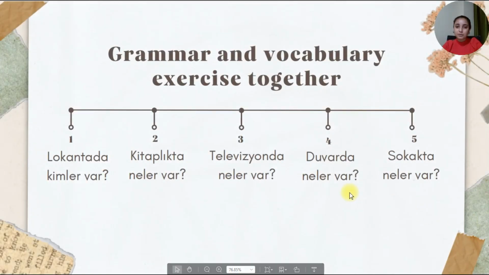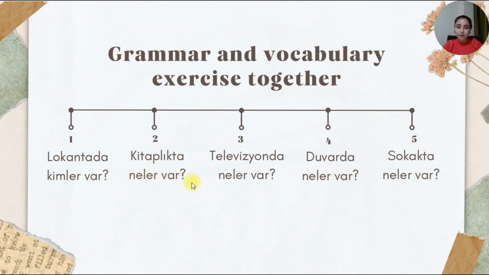Grammar and vocabulary exercise together. Now I want you to be careful and focus on what we are doing here. There are 5 sentences. They are questions and we will give the answer for all of them. And we will remember what we learned as vocabulary. Lokantada kimler var? Who are the people in the restaurant?